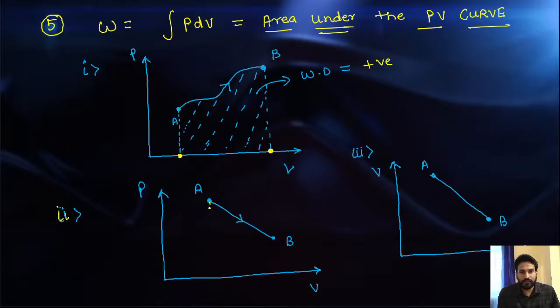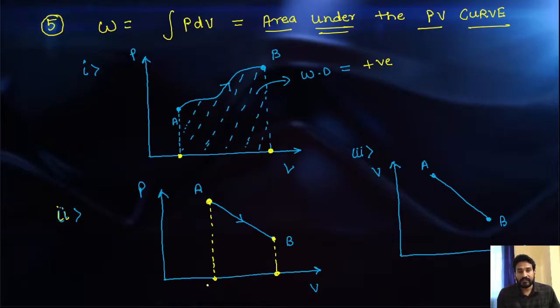But if you pay attention here, at the A state, this is the volume, and at the B state, this is the volume. So at the B state, the volume is larger as compared to the volume at A. Yes or no?